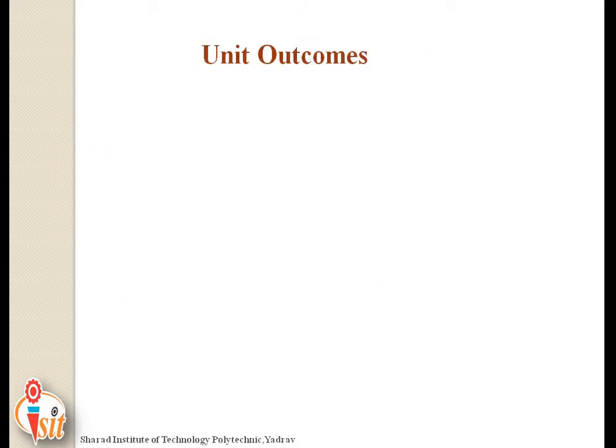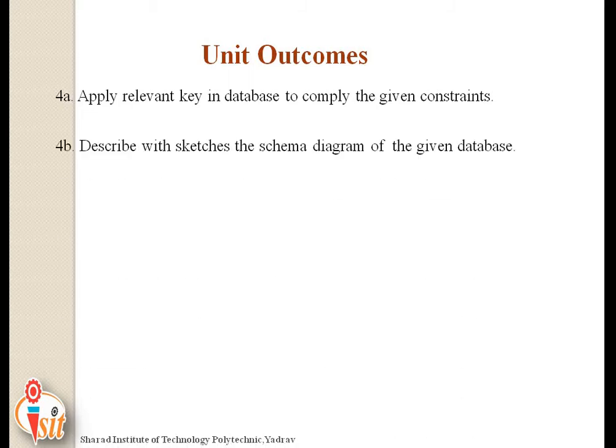Now we will see the unit outcomes of this particular unit. The first unit outcome is, after completing this unit, Relational Database Model, you are able to apply relevant keys in a database to comply with the given constraints. Then our second unit outcome is, describe with sketches the schema diagram of the given database.